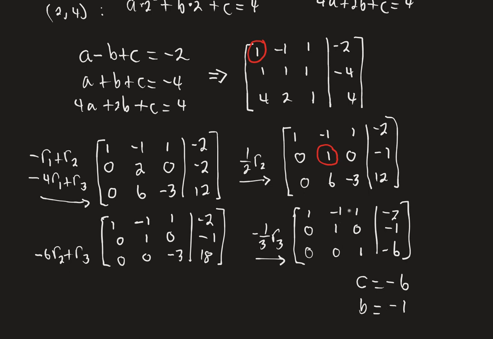Now, this system is in REF. It's not in RREF because there are two pivots and we have non-zero entries above them.